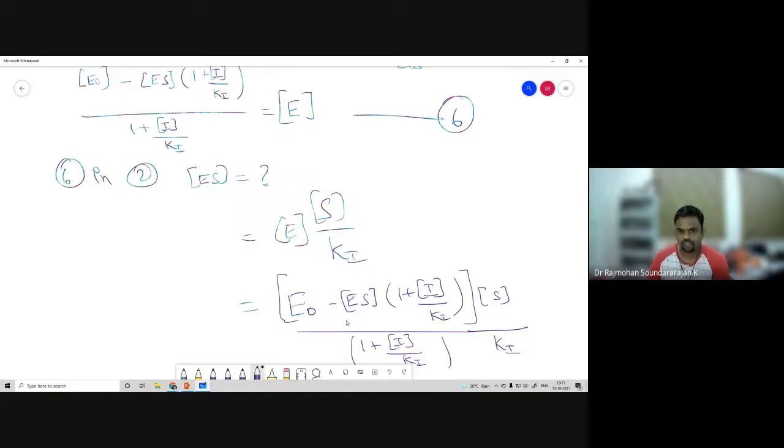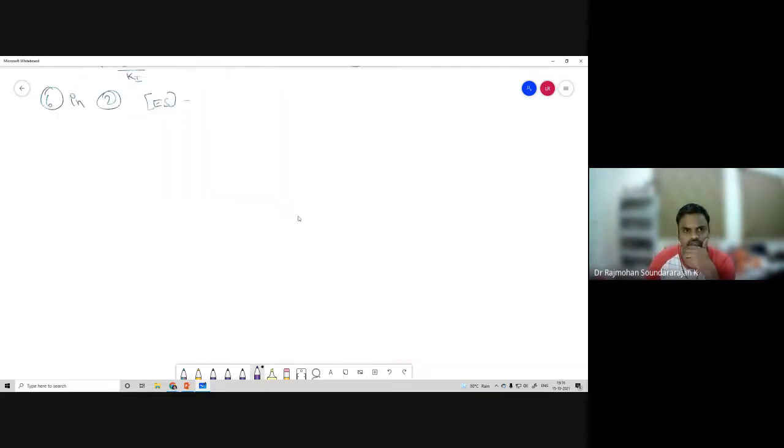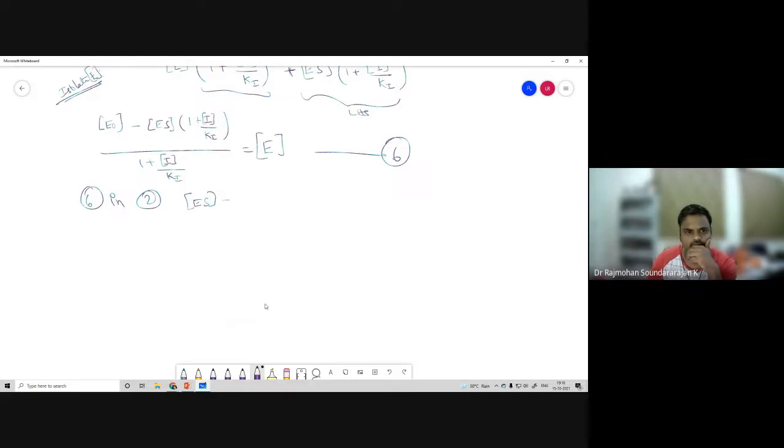So yes, this can be written as two terms now, right? We can rearrange to write what is ES. Now we have ES equal to E naught minus ES into 1 plus I by Ki into S divided by 1 plus I by Ki into Ki. Okay. So we have the expression for E now. Substituting equation 6, ES is nothing but E into S by Ki, so you can refer to equation 2.